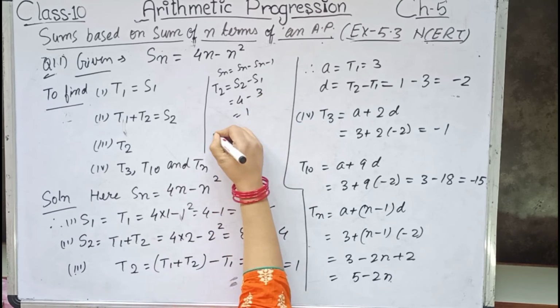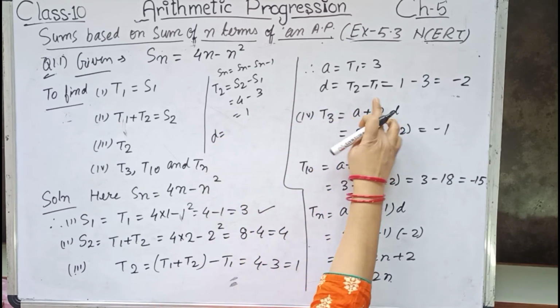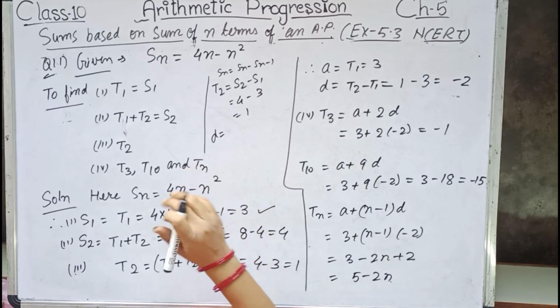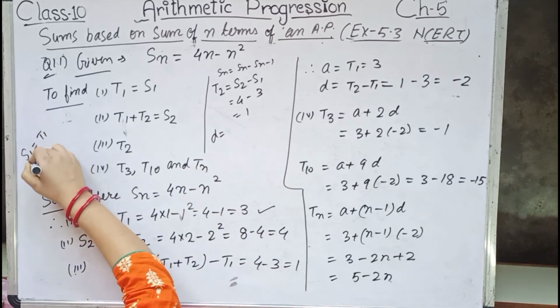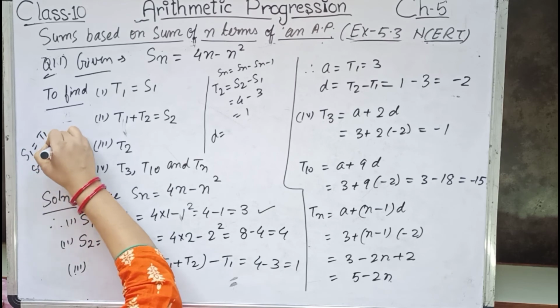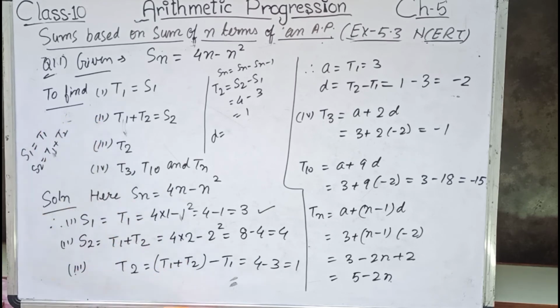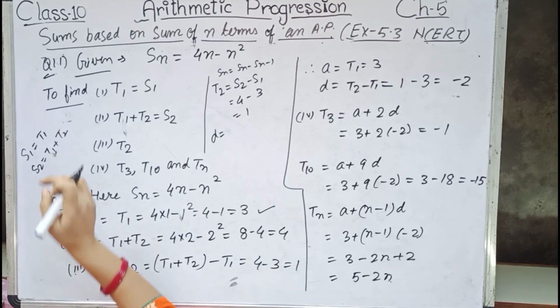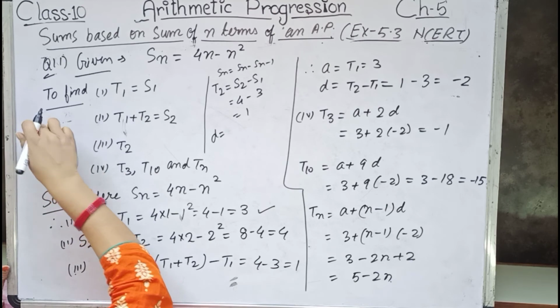Now over here d we can also write. Over here I have written t2 minus of t1. Now in terms of the sum of the terms, you can take over here s1 equals to t1 and s2 equals to t1 plus of t2, and the common difference if we talk about will be equals to t2 minus of t1.